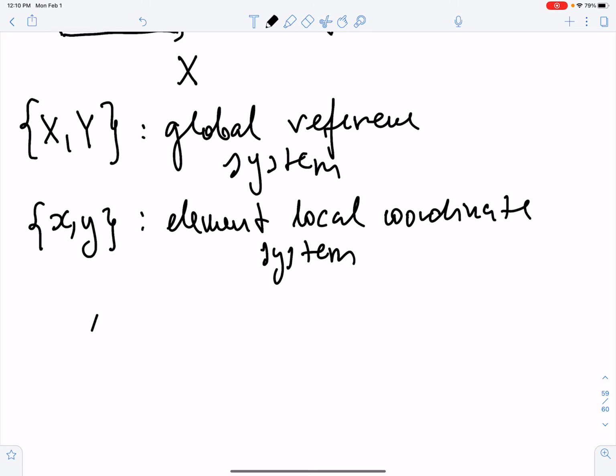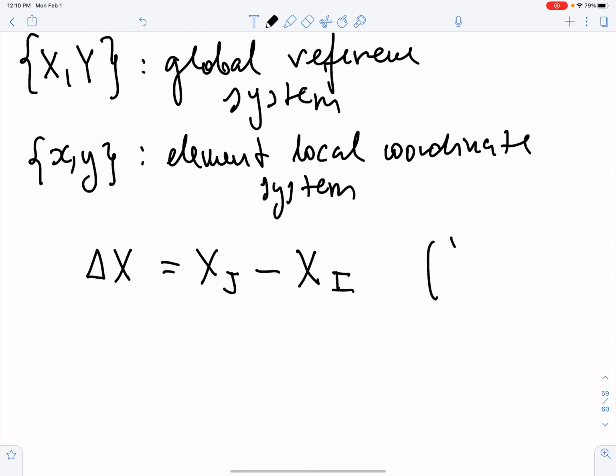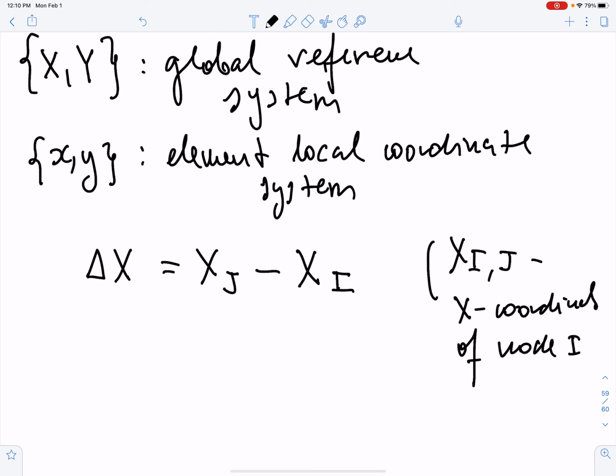We can compute the change in the x-coordinate by taking the coordinate x of node j and subtracting the coordinate x of node i. So x_i and x_j are the x coordinates of node i or j.